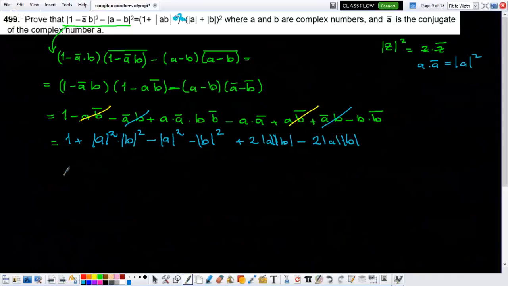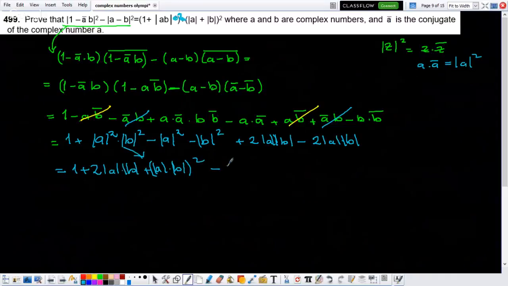How can we use them? We can do it like this: 1 plus 2|a||b| plus |a| square |b| square, this term, and I got this one here.